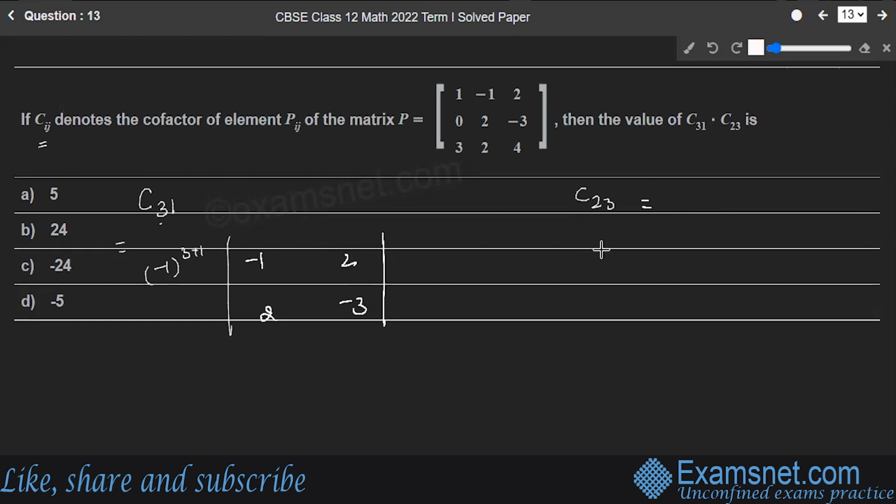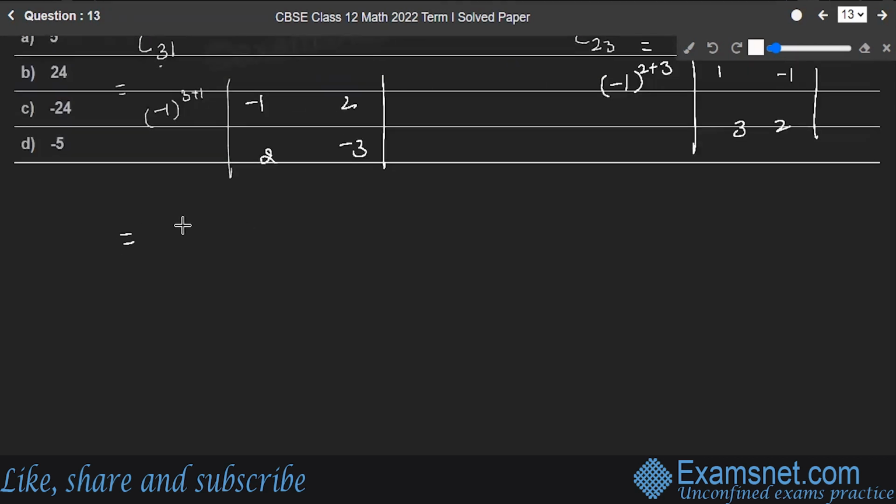And similarly over here, this will be minus 1 raised to power 2 plus 3. Second row, third column, I will leave and I'll be left with 1 minus 1, 3 and 2. So this becomes minus 1 raised to power 4 whole multiplied by 3 minus 4, which is equal to minus 1.